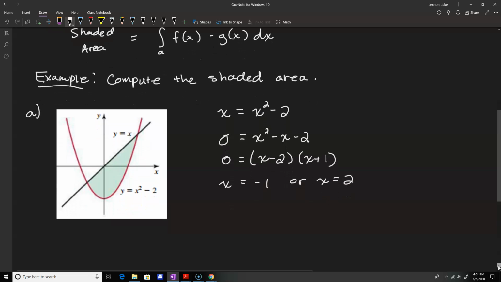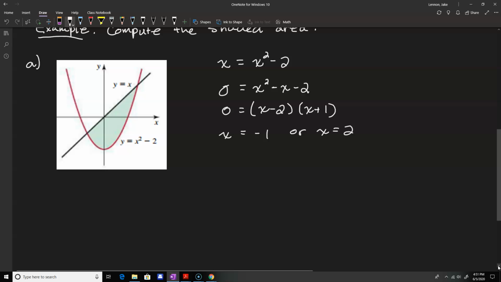So now we can set up our integral and go ahead and figure out the area. So the area is going to be the integral from -1 to 2, and notice in the graph x is on top, so we do x minus (x squared minus 2) dx, and then we just compute this.